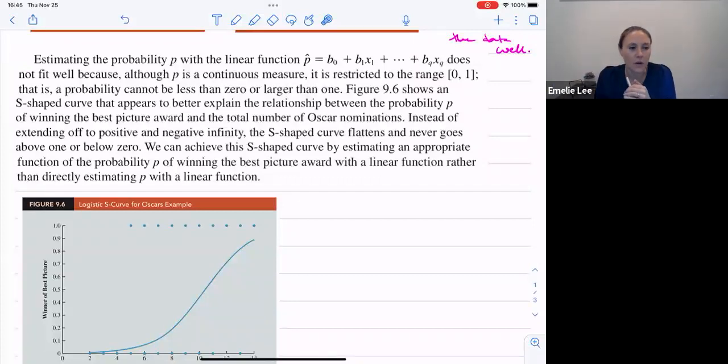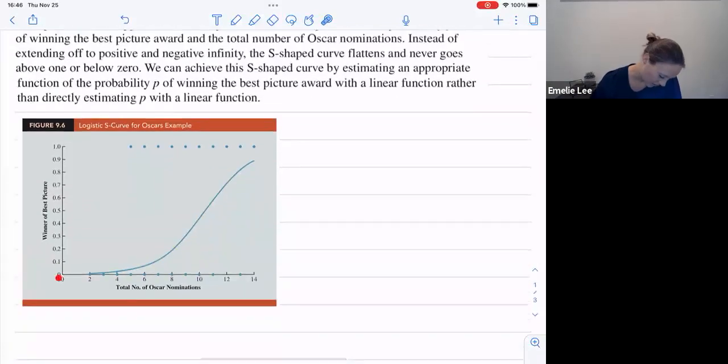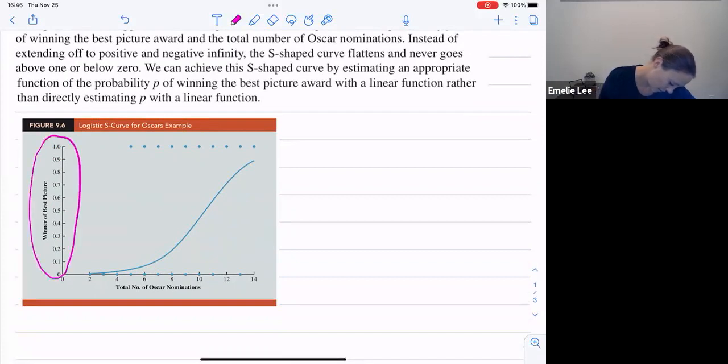Now notice that these values, if we're running between 0 and 1, those are probabilities, right? Because I'm restricted to 0 and 1, these are probabilities.